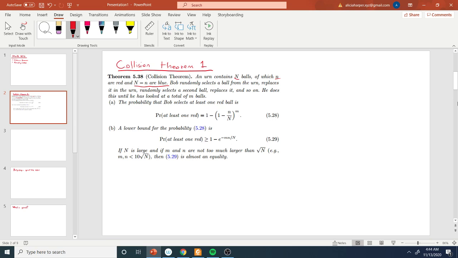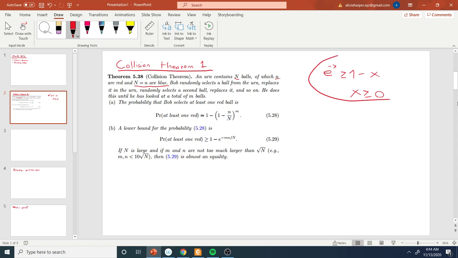And then what we have right here is a very effective lower bound for this probability. This effective lower bound is based on the following observation that I proved last class, which is that e to the negative x is greater than or equal to 1 minus x for x greater than or equal to 0.